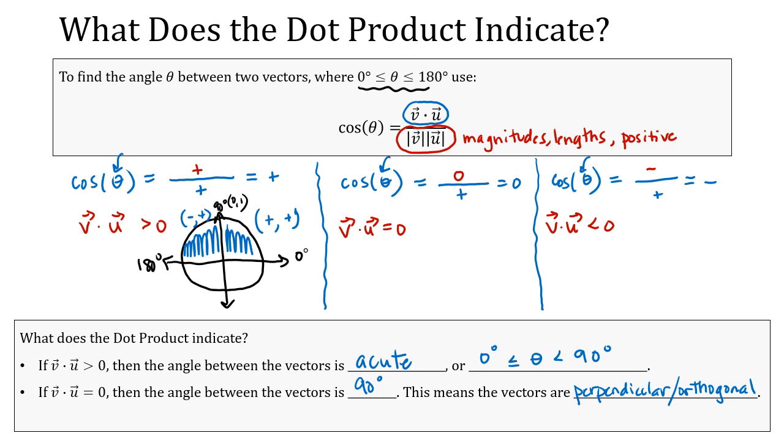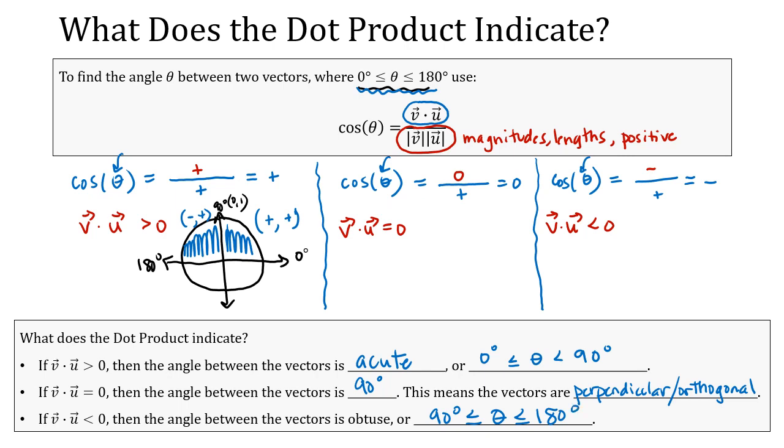If we are limiting ourselves only from 0 to 180 degrees, then that has to be the quadrant 2 angle, doesn't it? Has to be the quadrant 2 angle. So in quadrant 2, the angle between the vectors is obtuse, or we would say that it is between 90 degrees and 180 degrees.